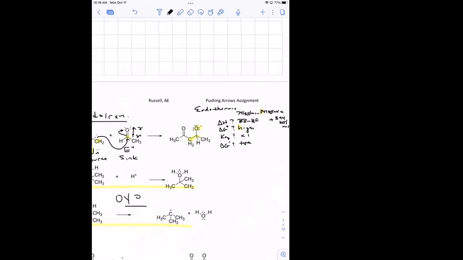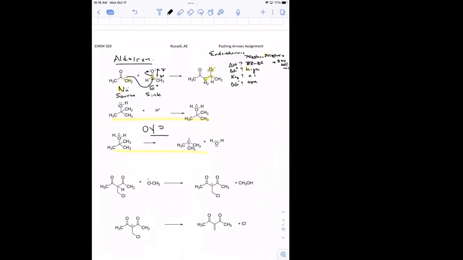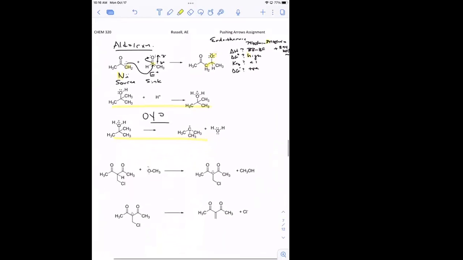All right. Let's go to the bottom set of reactions. This is the overall product right here. I have it written in two steps, but it actually happens all at once. The bottom product is overall what comes out of this process. What type of reaction do you think this is?